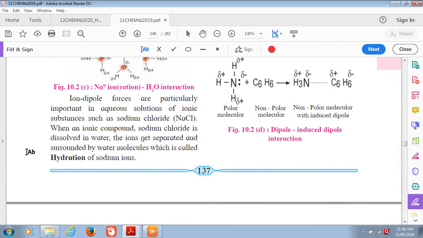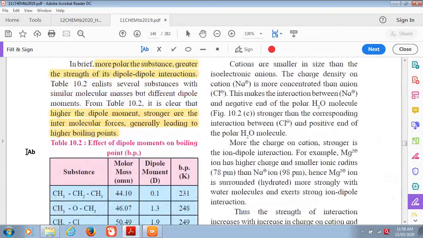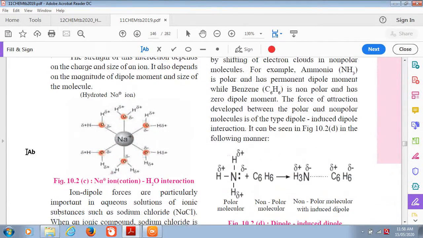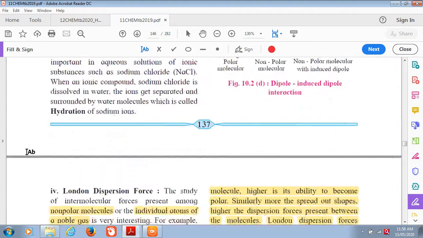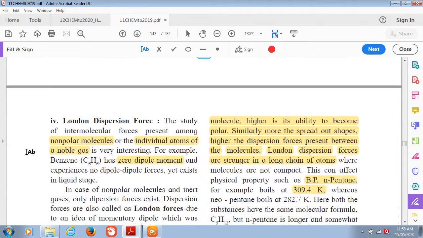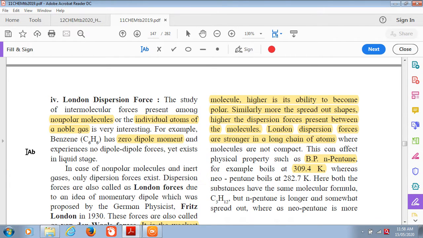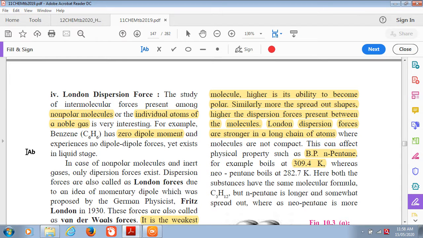So now in the next part we have to study the second important type of intermolecular forces which affect melting point and boiling point, that is London or dispersion force. It is observed in non-polar molecules, mainly such as individual atoms of noble gases.